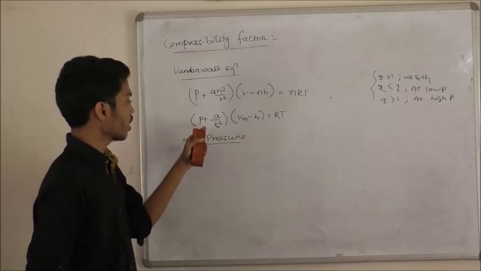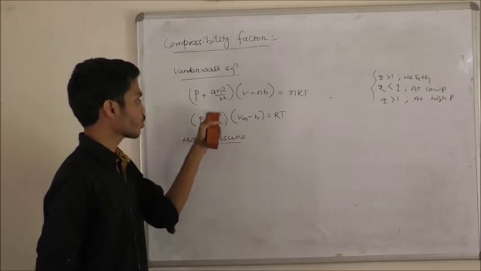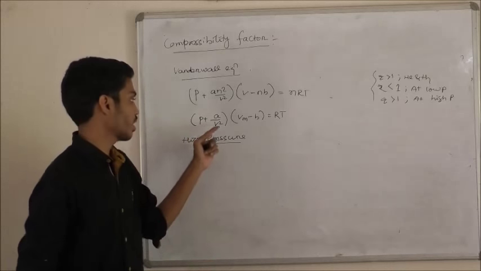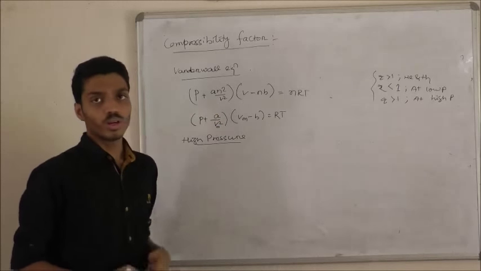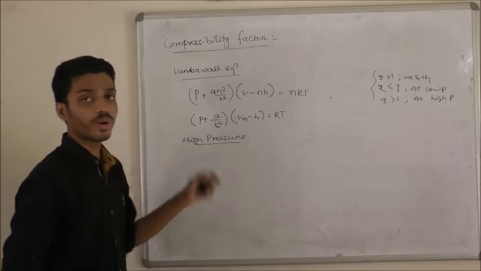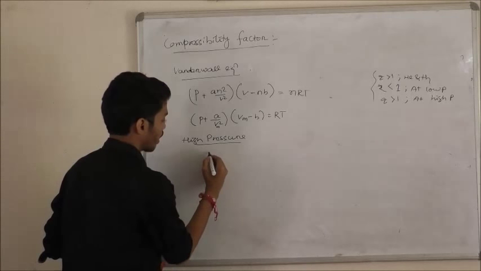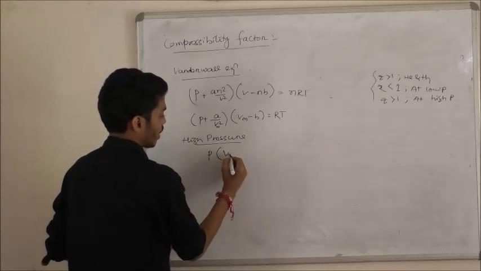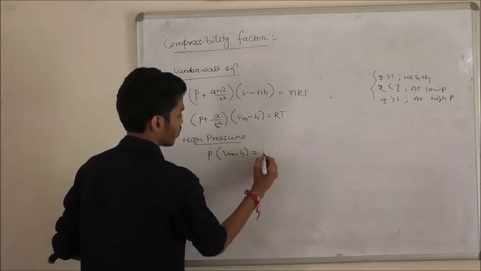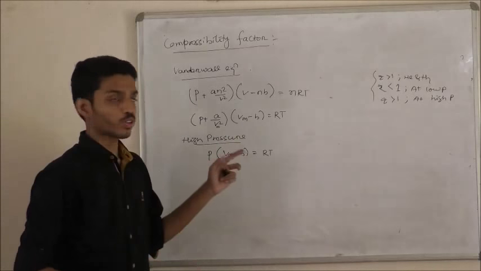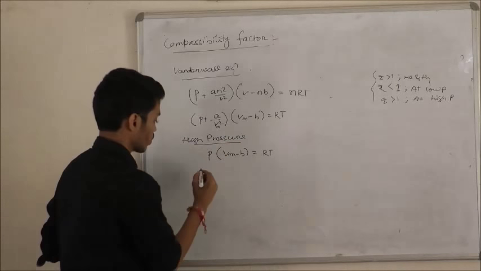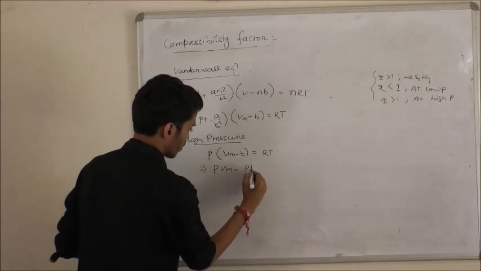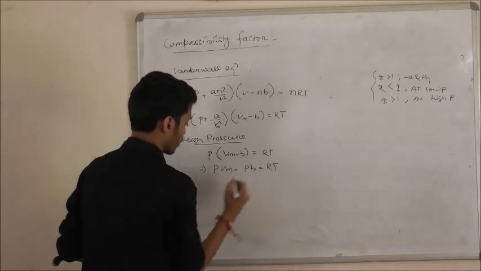At high pressure, this a/Vm² term can be neglected, because the pressure is high and this is a small term. So at high pressure, P(Vm − b) = RT. So this will be PVm − Pb = RT.